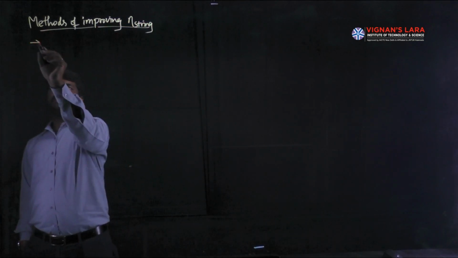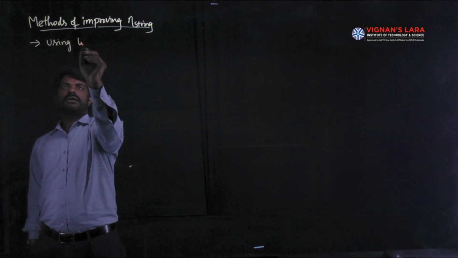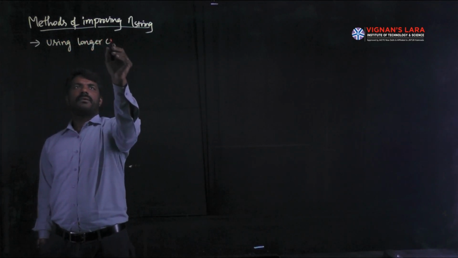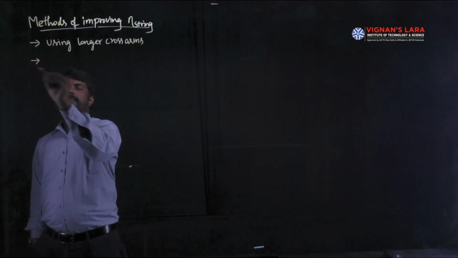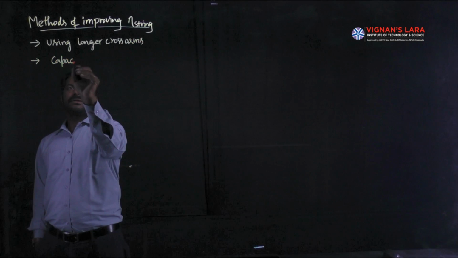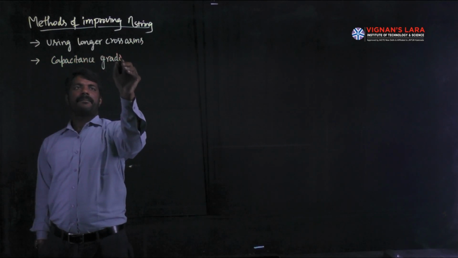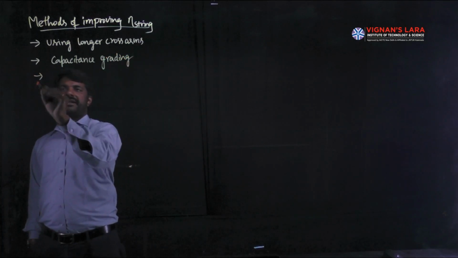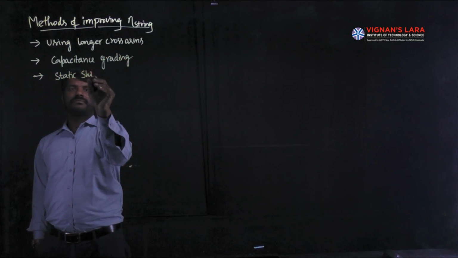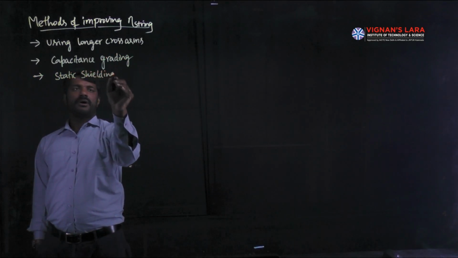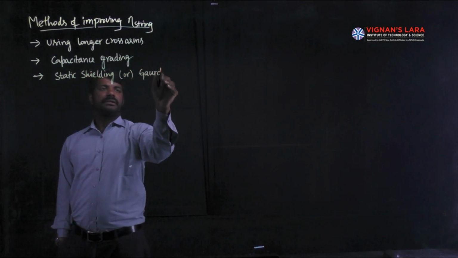So there are three methods. They are using longer cross arms, capacitance grading, and the third method, an effective method, is static shielding, or it is also called the guard ring method.